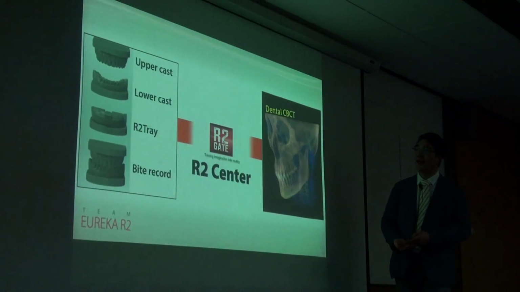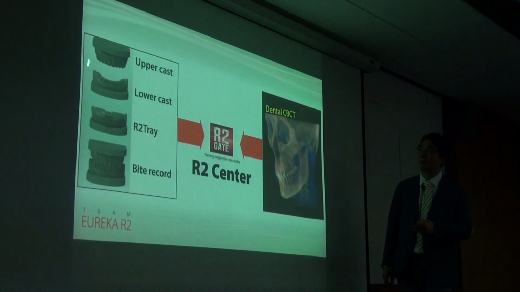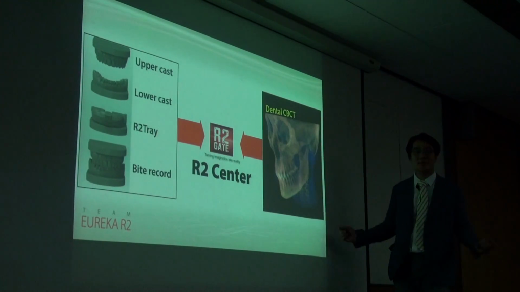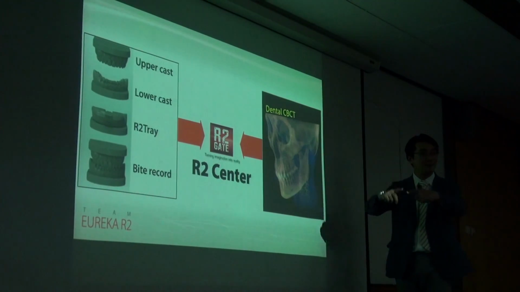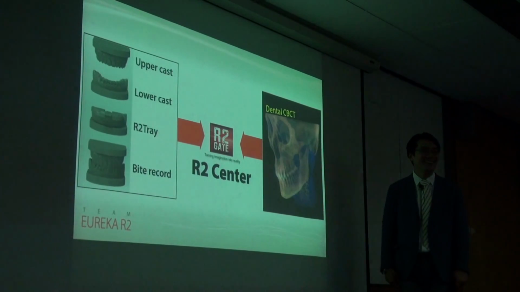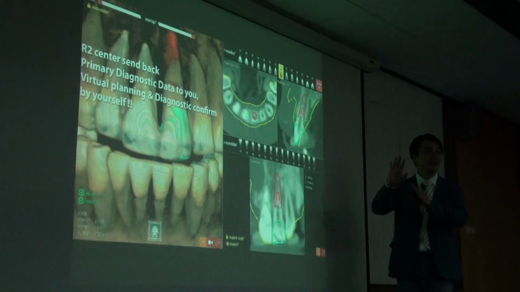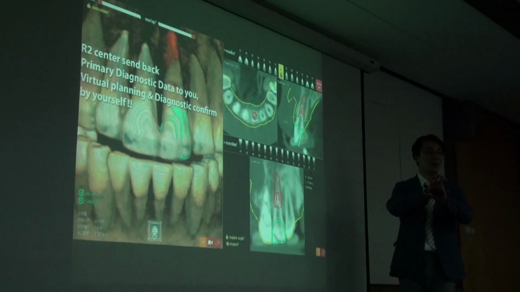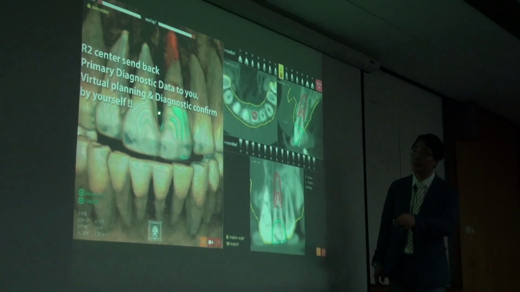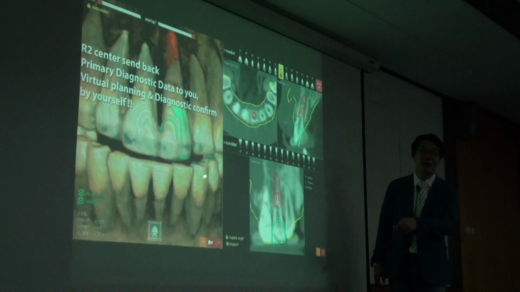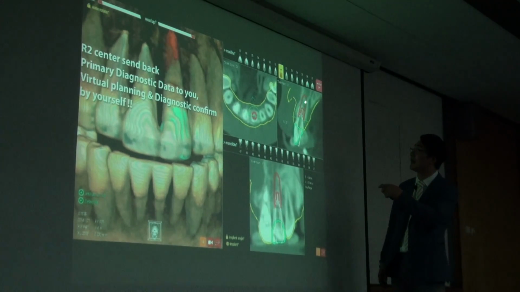Anyway, after taking an impression and CBCT, send these two data to the center. After that, the center merges the STL and the DICOM, and they draw a provisional restoration or final restoration image, do diagnostic exams, and place the implant like this.